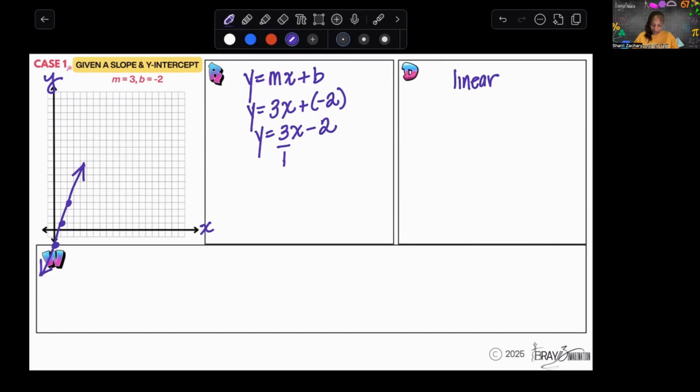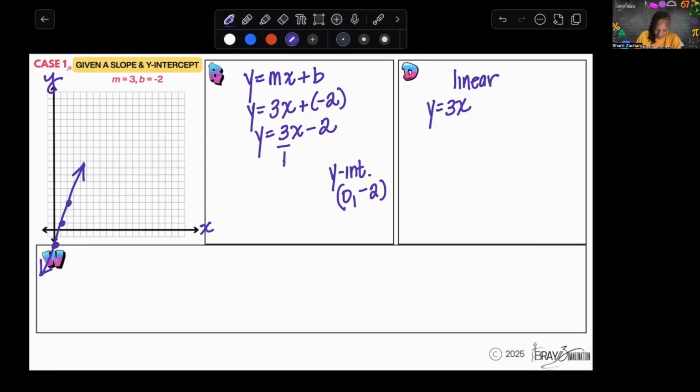If I take the first part of this equation, which is y equals 3x, and substitute the values that I have, we knew that our y-intercept was 0, -2. When I substitute those values in, I want to see, do I get an equation that is true?